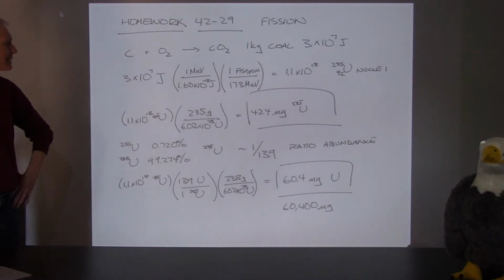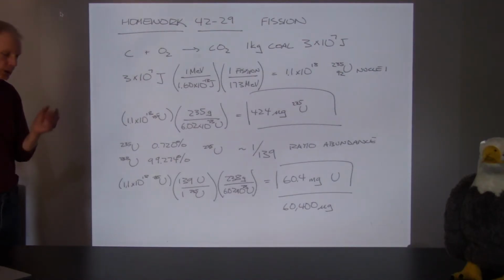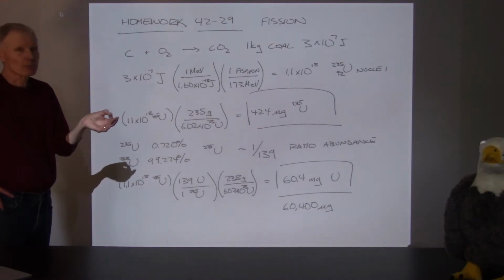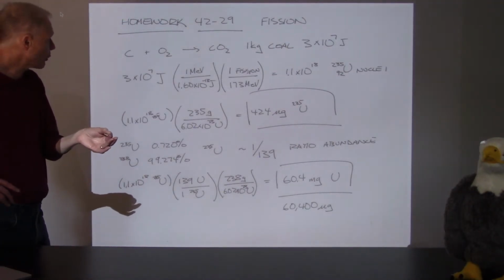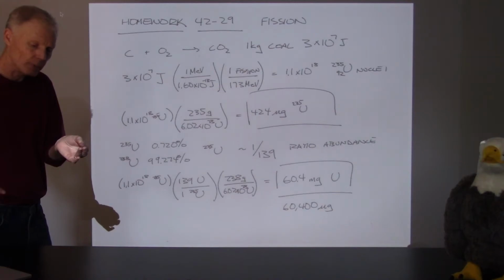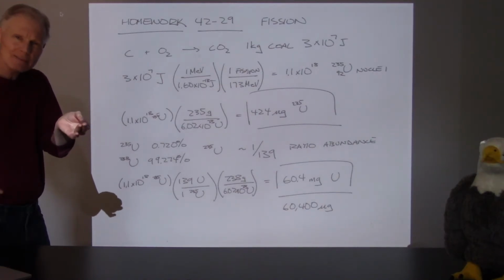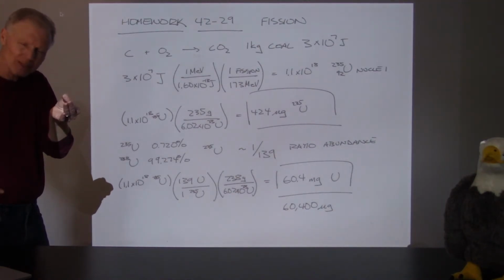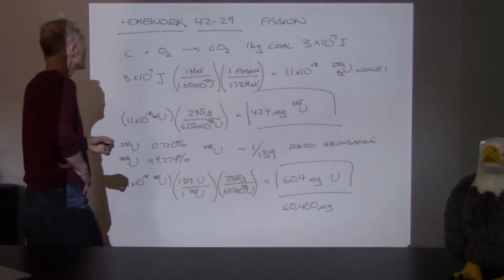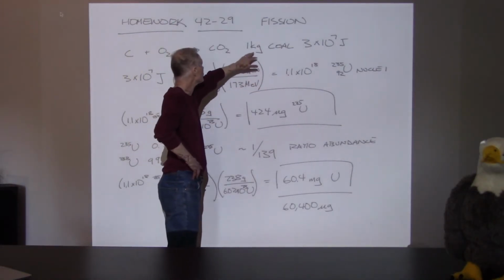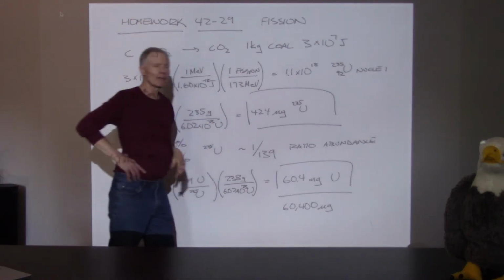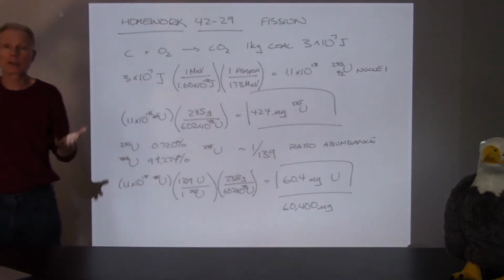That's less than a milligram, a little tiny speck. Uranium's pretty dense, so 424 micrograms would be a tiny speck you'd really have to look carefully for, versus providing that much energy compared with an entire kilogram of carbon.